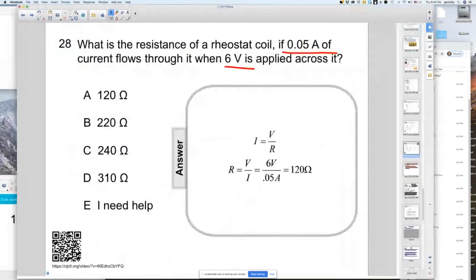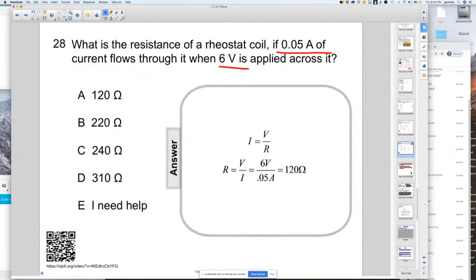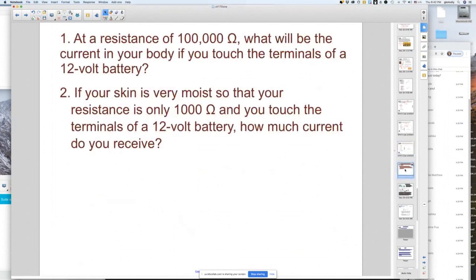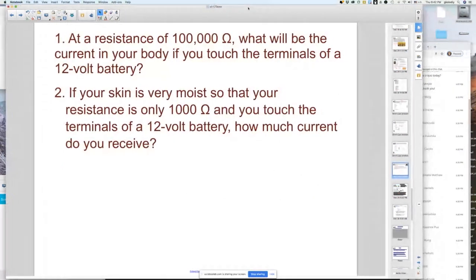So this is sort of what we're talking about right now, the flow of current across a difference of potential. And so the example that he was showing there, the current flowing through a human body, is going to depend on what the resistance of the human body is.